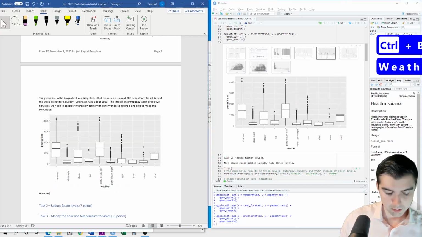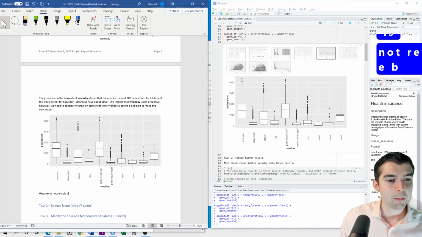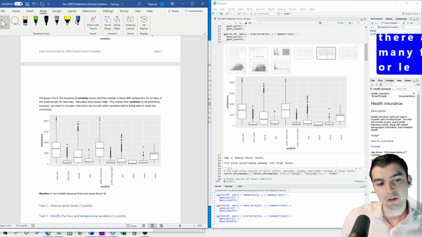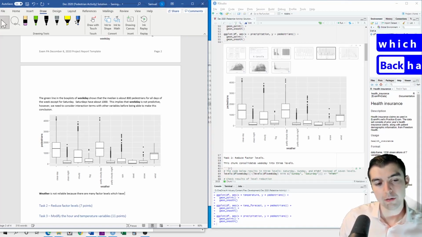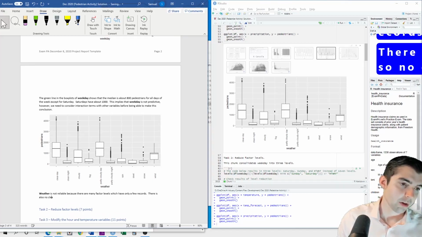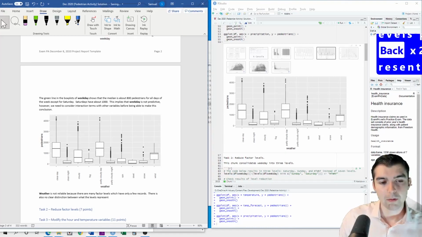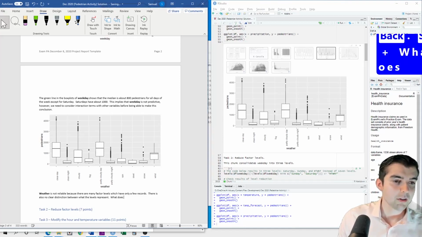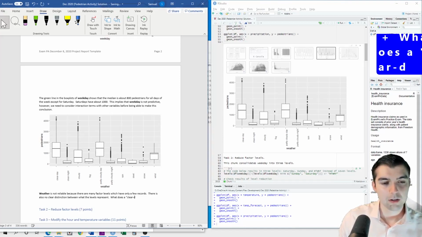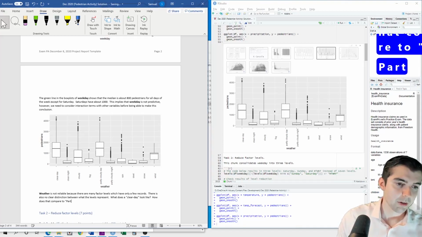Next variable, weather is not reliable because there are many factor levels which have only a few records. There is also no clear distinction between what the levels represent from a business perspective. Like, what does a clear day look like? How does that compare to partly cloudy?